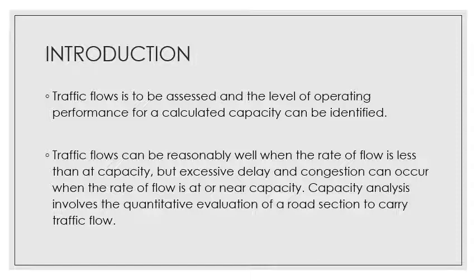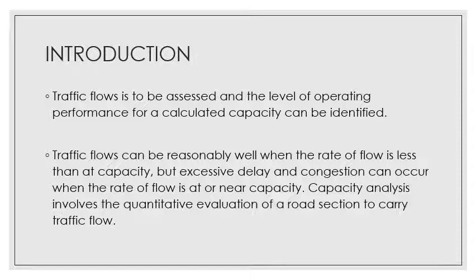That is what we call at capacity. When the rate of flow is less, of course it is smooth, but excessive delay, congestion or traffic jam can occur when the rate of flow is at or near capacity. So when it reaches the maximum, there will be delay, and congestion can happen.